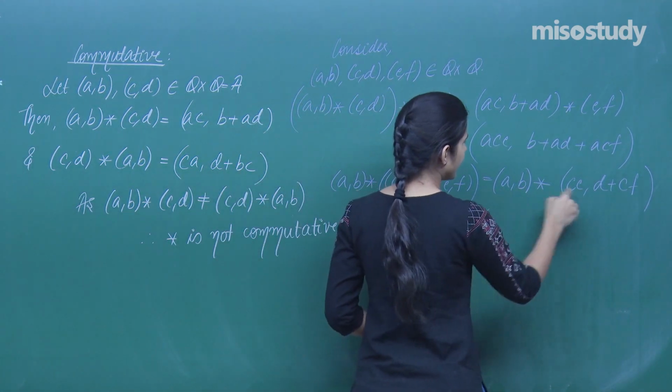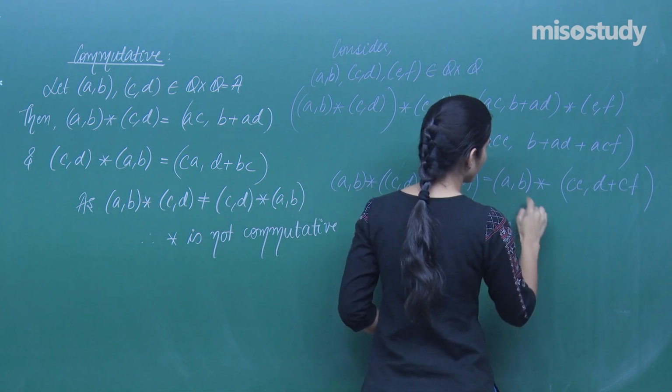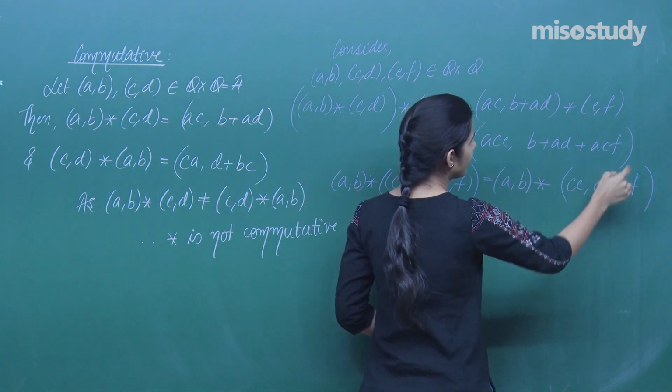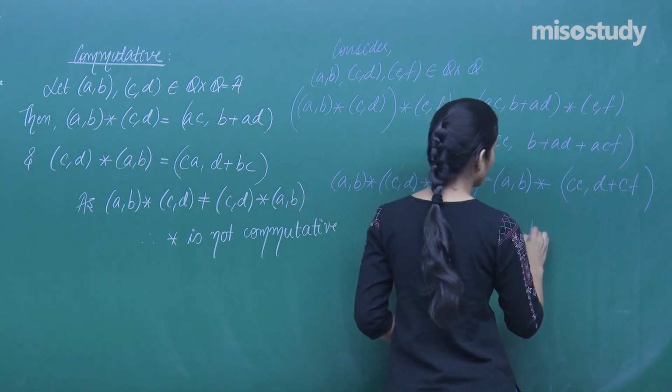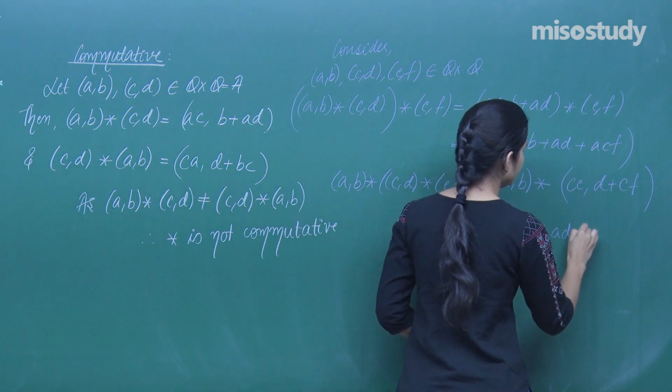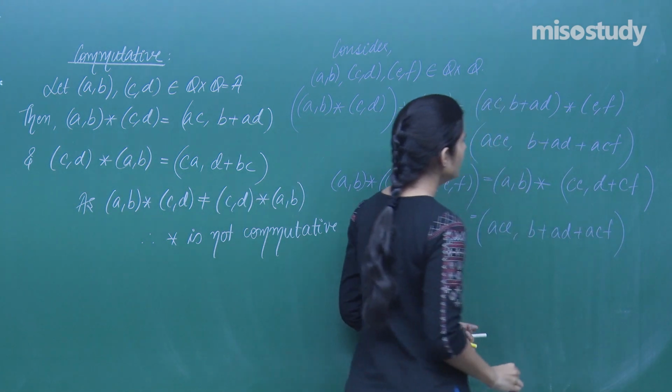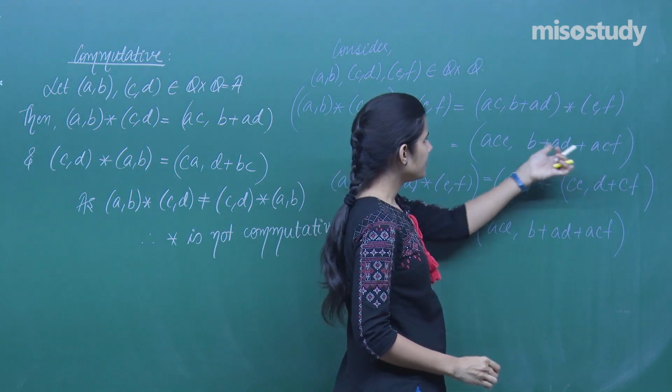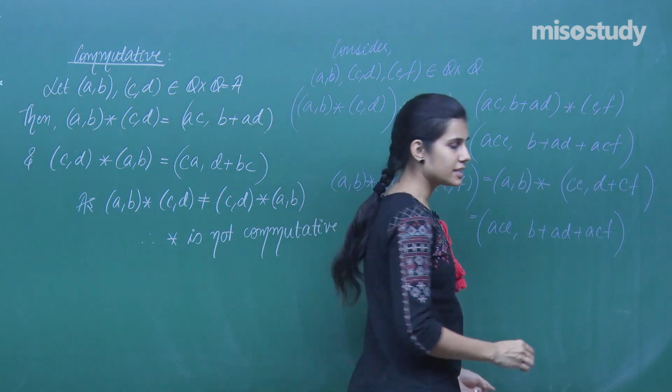Now (a, b) star (ce, d + cf) is (ace, b + a(d + cf)), so (ace, b + ad + acf). You can clearly see (ace, b + ad + acf) equals (ace, b + ad + acf).